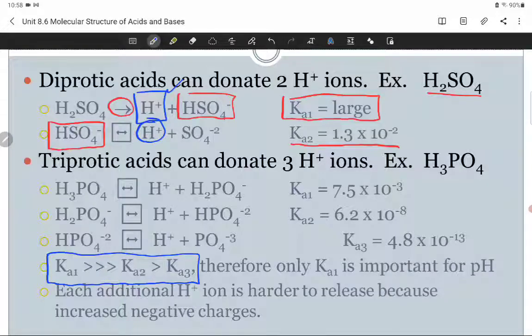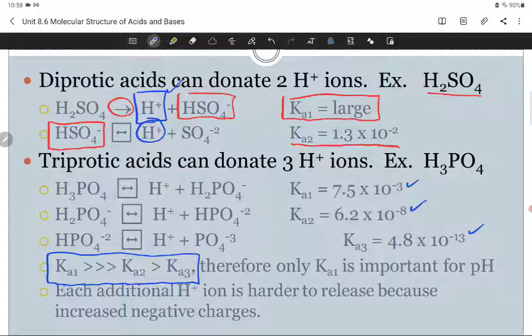But as these K values, let me backtrack. As you dissociate another H positive off of, in this case, a triprotic acid, the K values get smaller and smaller and smaller. So that means there's less left to right action.